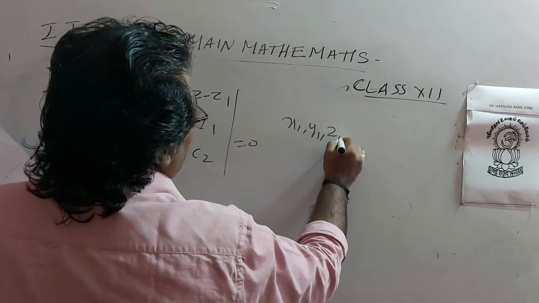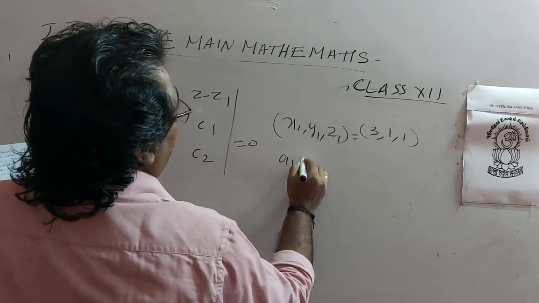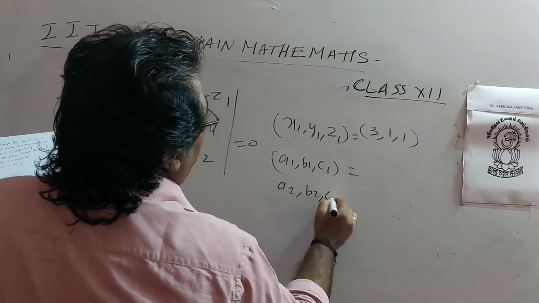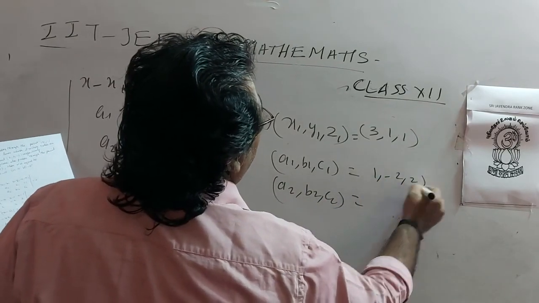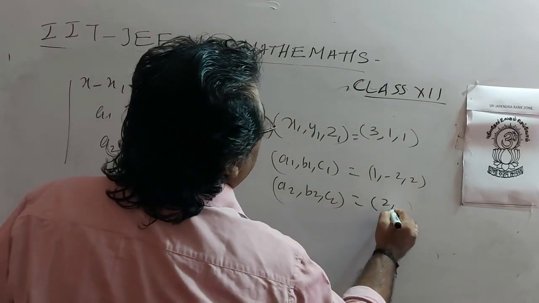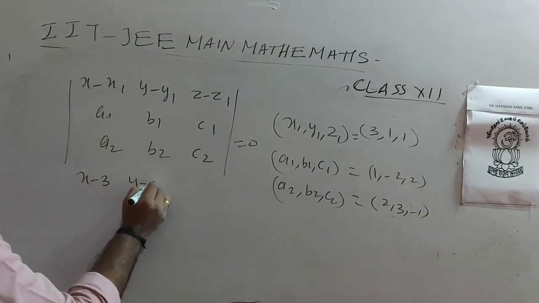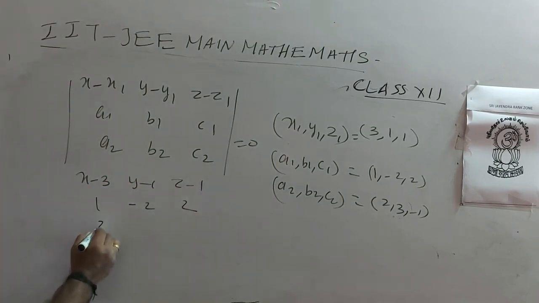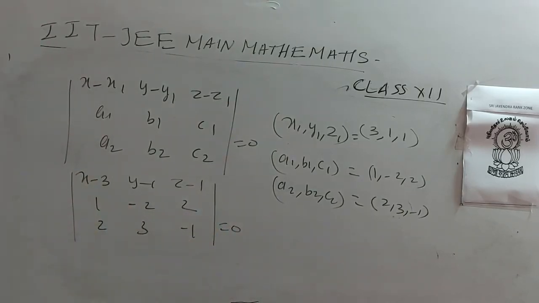Here x1, y1, z1 is the point (3, 1, 1), and the directions are 1, -2, 2 and 2, 3, -1. So the first row is x minus 3, y minus 1, z minus 1, the second row is 1, -2, 2, and the third row is 2, 3, -1, equal to 0.